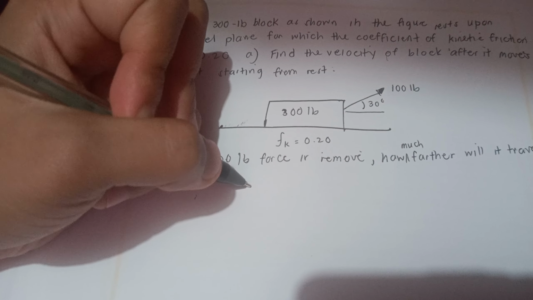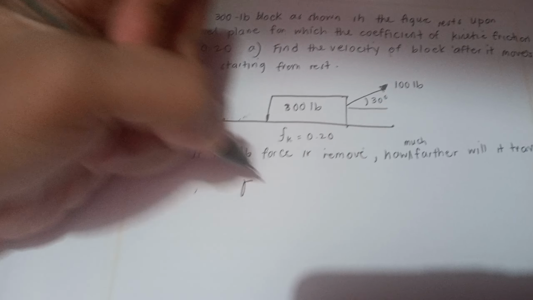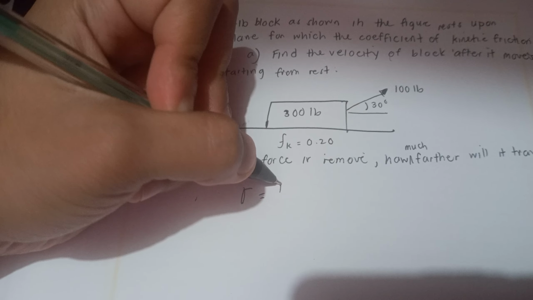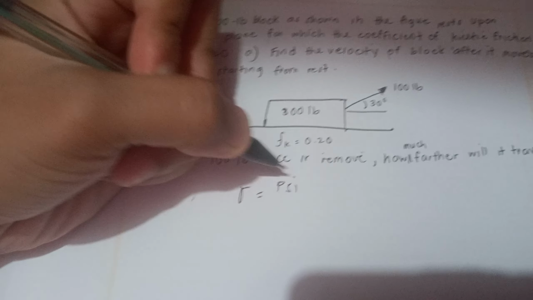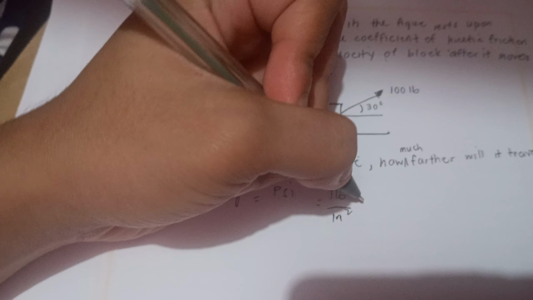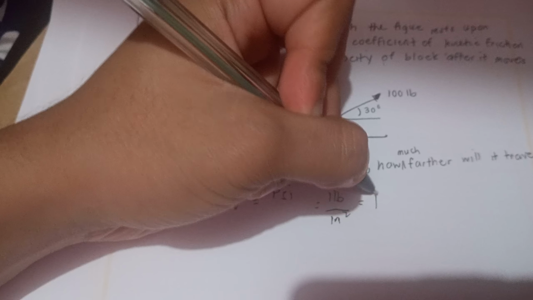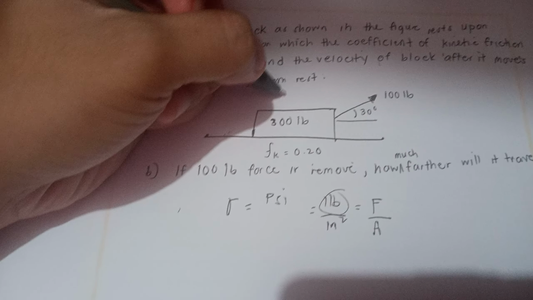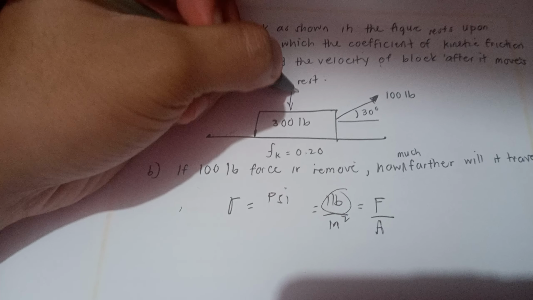Meron din tayong stress na pounds per square inch, PSI. Yan yung unit. Ibig sabihin, pounds per square inch, yung nasa numerator is force over yung area. So force na tong pounds. So, ibig sabihin, that's weight downward.